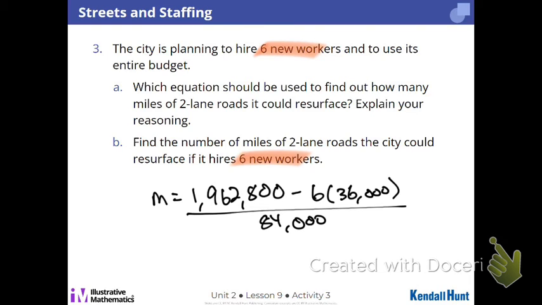And then we're going to calculate that. Woo! I got 20.8 miles of road. Are we rounding? Yeah, around the nearest 100 there.